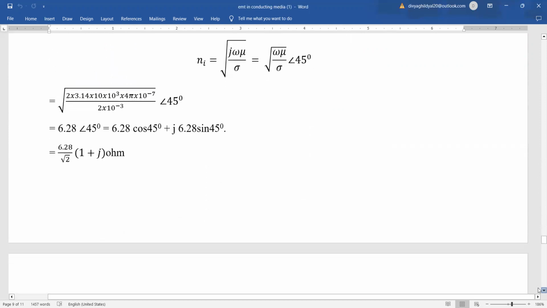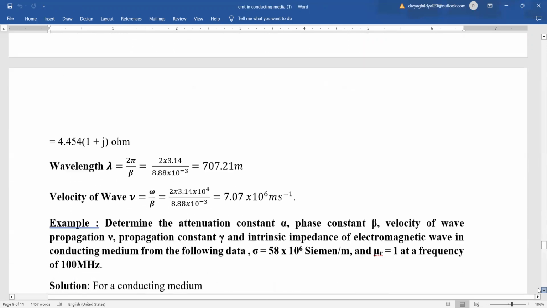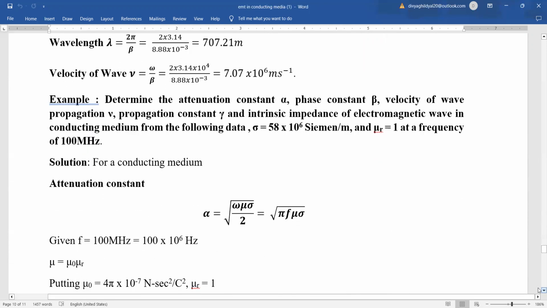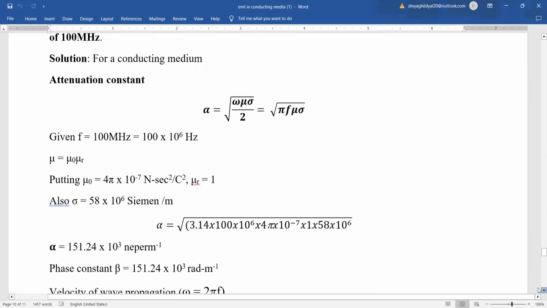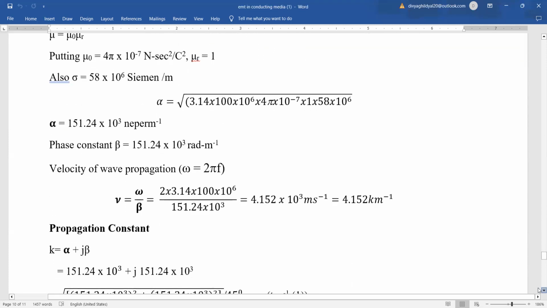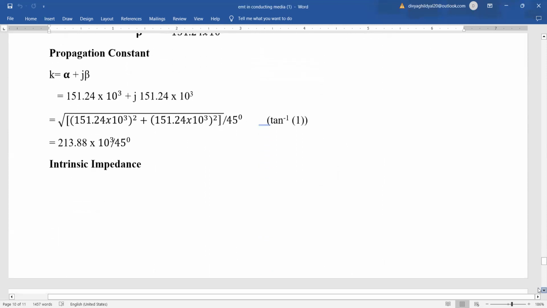What all is there for intrinsic impedance, wavelength, and wave velocity. A very similar numerical also has been asked on this topic. Same procedure for attenuation constant equal to under root pi f mu sigma, and then we put the values and we simply get the answer.